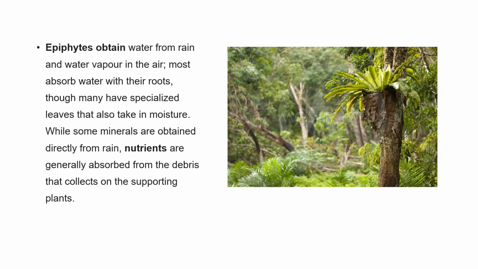As you can see, only the epiphyte benefits and there is no effect at all on the plant. So this is how an epiphyte looks like. This is an epiphyte that lives on the tree trunk, and this is how an epiphyte interacts with the plant that it lives in.